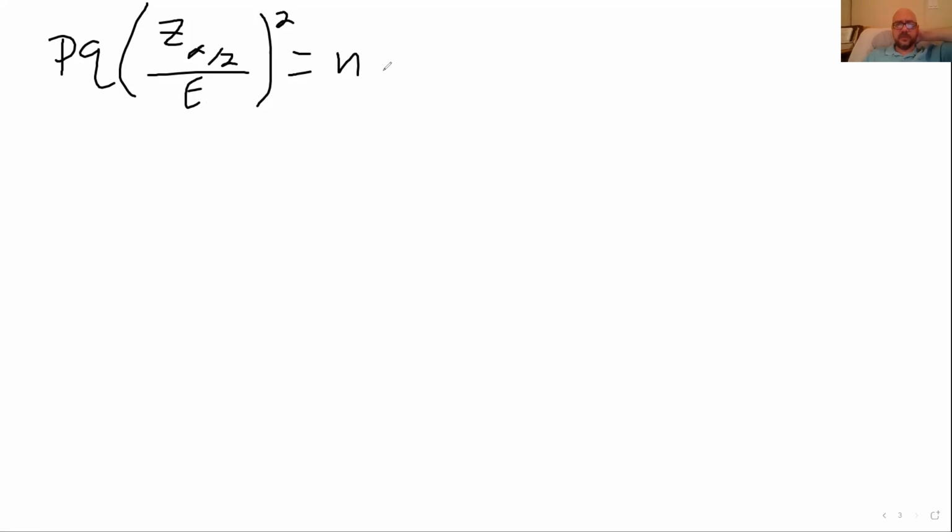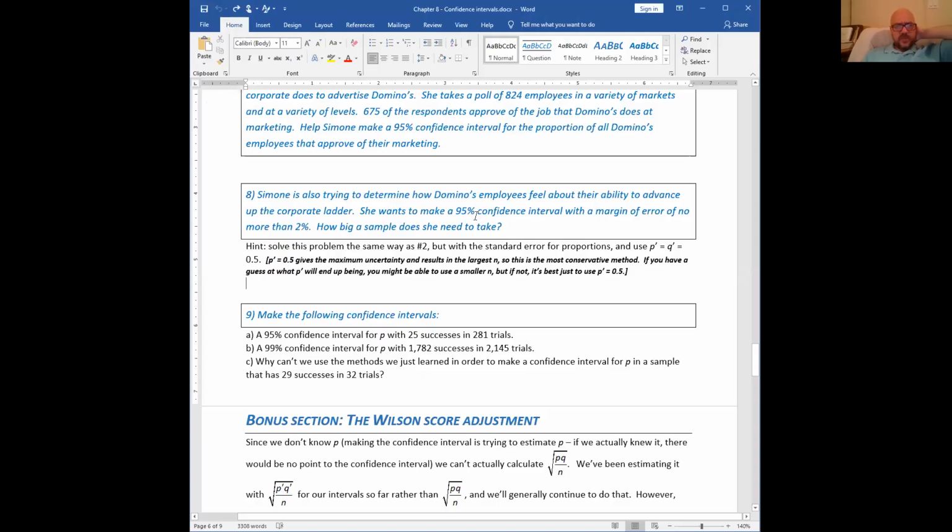So let's see what that looks like. 95% confidence interval, so we got z alpha over 2 is 1.96. Margin of error of 2%, which is to say 0.02. And P and Q are both going to be 0.5.